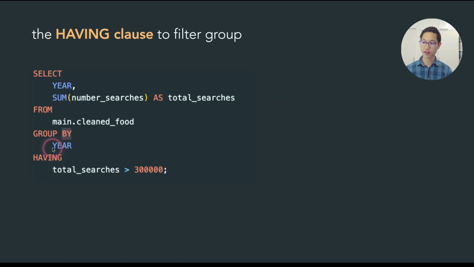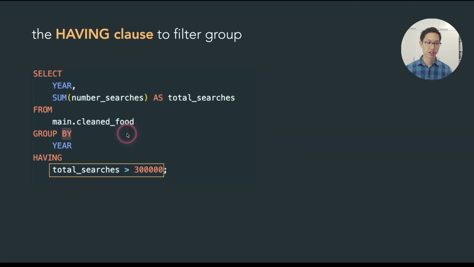Now instead of the where clause, you have the having clause: having total searches larger than 300,000. It means that as long as this condition is met, these rows are kept as part of the group.